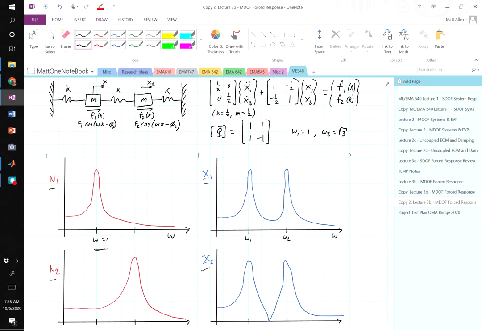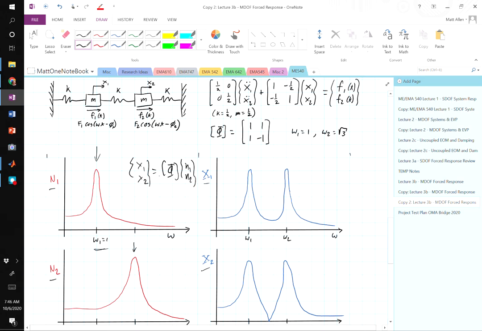But in any event, we can understand this using the modes, because in modal coordinates it's just 1 degree of freedom systems, and in physical coordinates we're just using the fact that the physical coordinates are related to the modal coordinates. Oops, sorry, I got this backwards. The physical coordinates are related to the modal coordinates by the mode matrix.